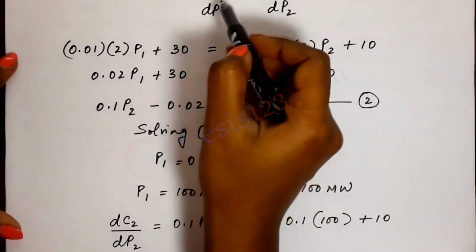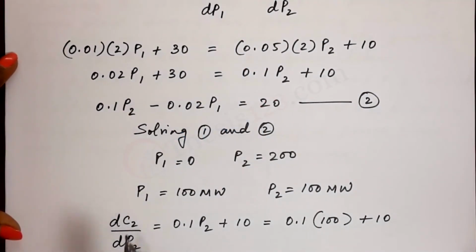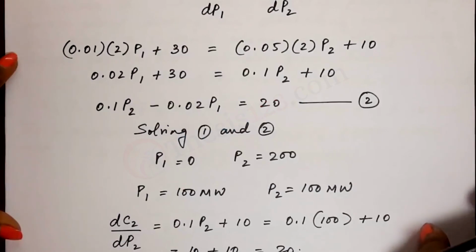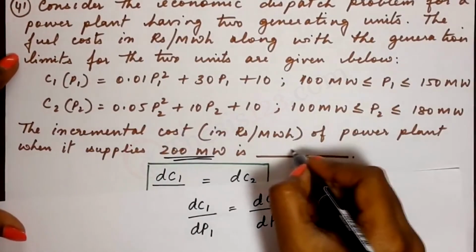Now either way, because dC1 by dP1 equals dC2 by dP2, both parts are supposed to be equal. So we take 0.1 into 100 plus 10, and that gives us 10 plus 10, which is 20. Well, this is the final answer here: 20.